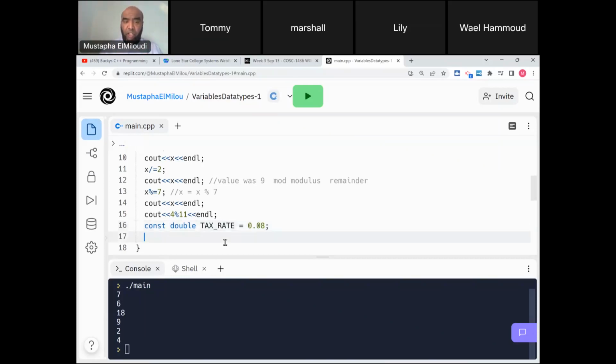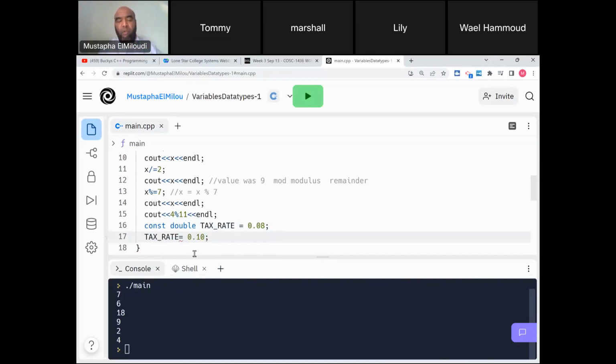Now, if I try to change it, I'm going to have a problem. If I put, for example, right here, TAX_RATE equals, for example, 0.10, it's going to cause an error. Can you see it's underlined? You cannot change it. And then somebody may ask, why? What's special about this? Because it saves a lot of headaches.